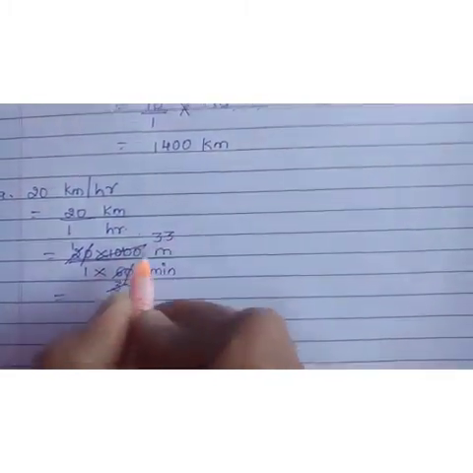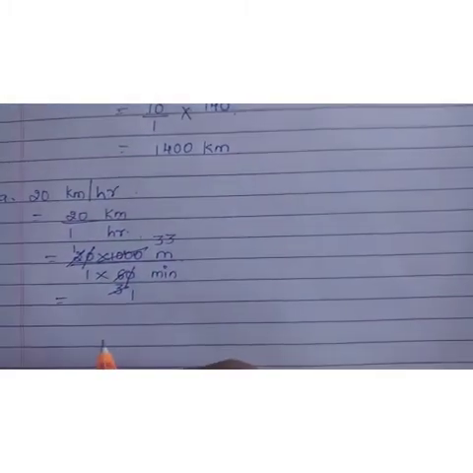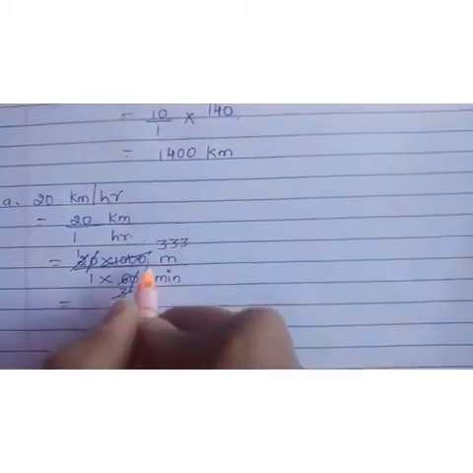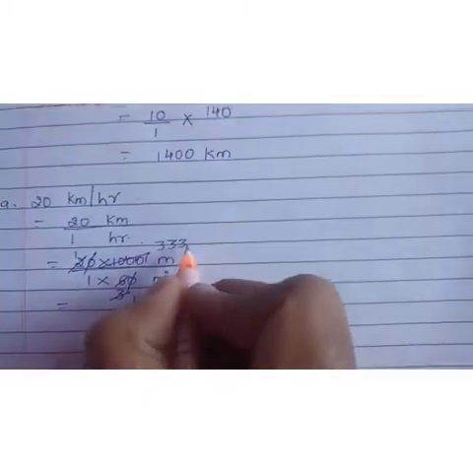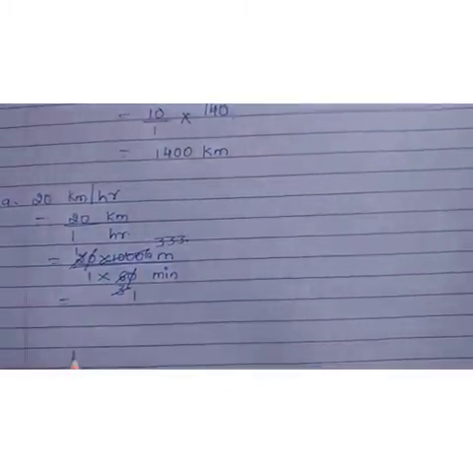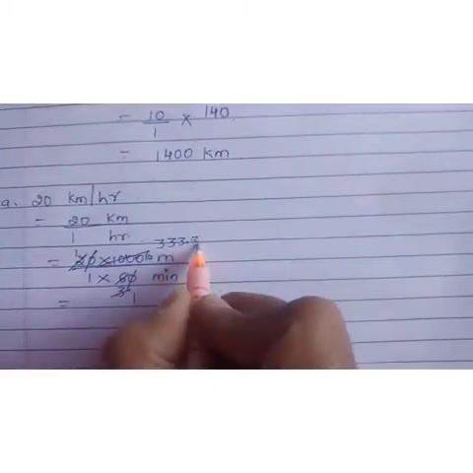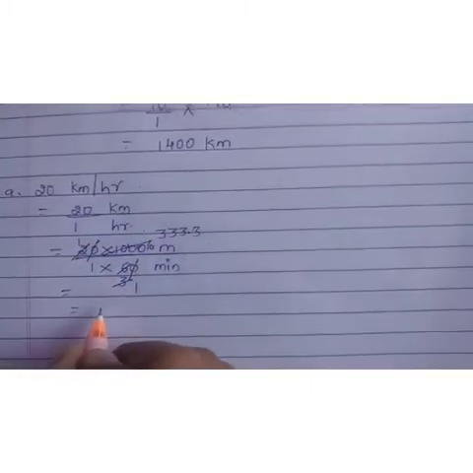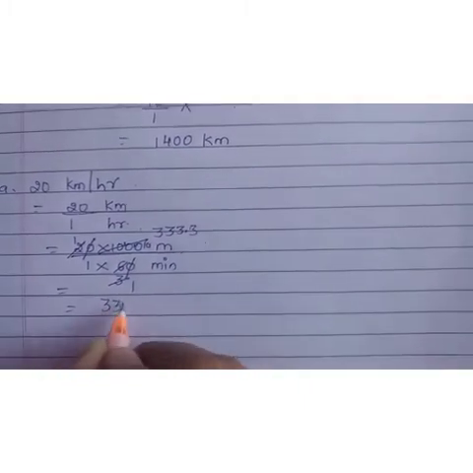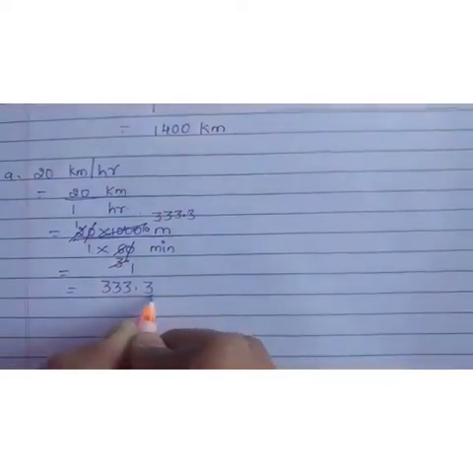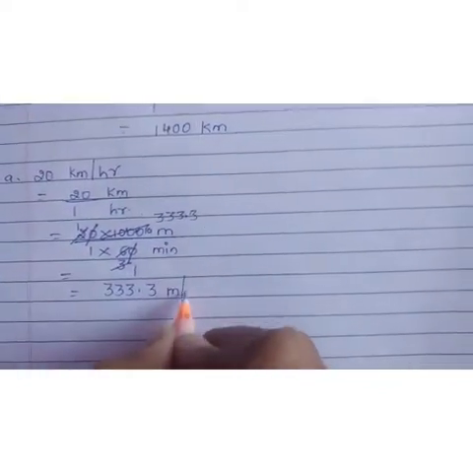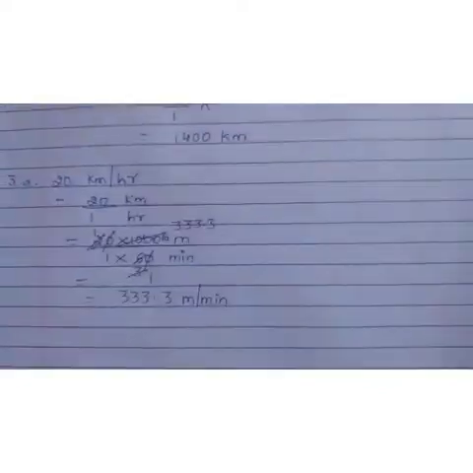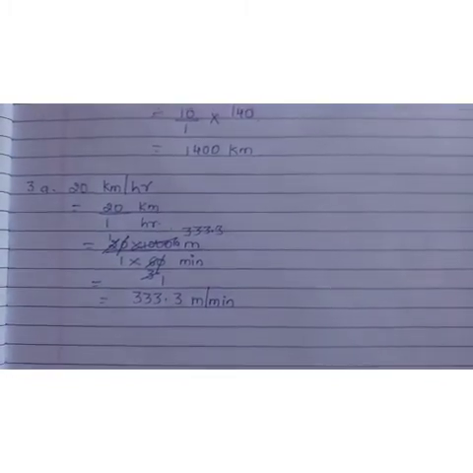Again 3 3s are 9, again 1 is remaining. It becomes 10. 3 3s are 9. Again 1 is remaining. Put the decimal point, give 0, again it becomes 10. So you get the answer 333.3 meters per minute. So children, is it understood?